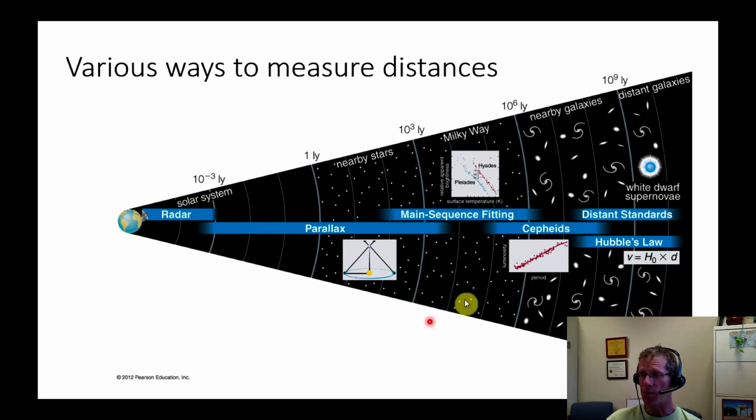Then we can use parallax. We can use something I didn't mention called main sequence fitting. That's another type of standard candle, essentially, using nearby clusters. And then I mentioned these other three. So the variety of methods allows us to determine a variety of distances.